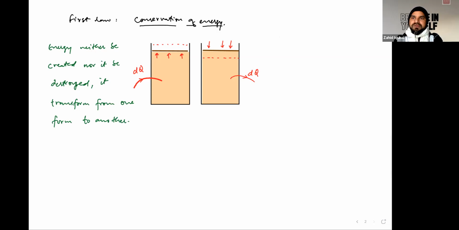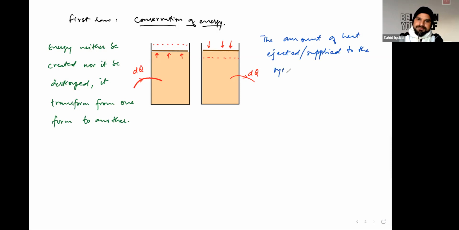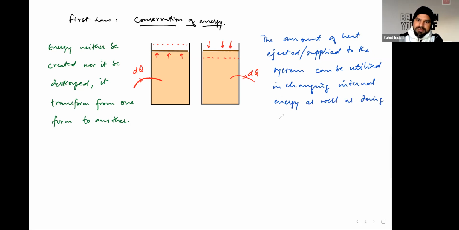On the basis of this, we may define heat flow, change in internal energy, and work done as: the amount of heat ejected or supplied to the system can be utilized in changing internal energy as well as doing work.